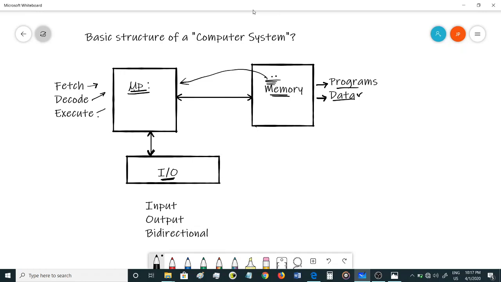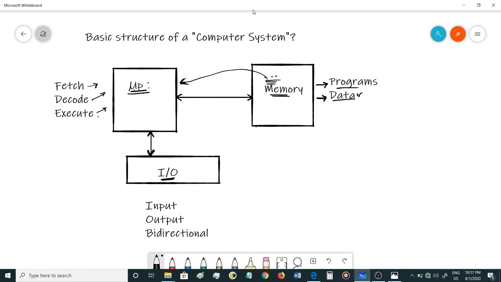Now, most students confuse decoding with converting the language, thinking these instructions have to be converted into machine language or something of that sort. No, that is not the case. These instructions are already stored in the binary form, which is the machine language. The microprocessor understands the machine language, and therefore it doesn't have to convert it. It just has to understand.